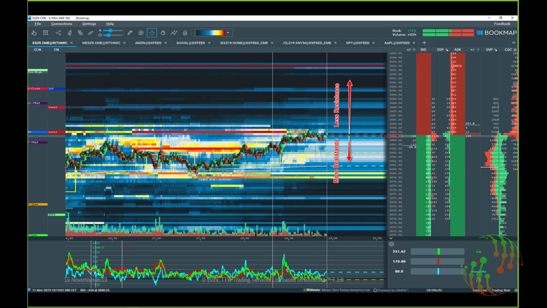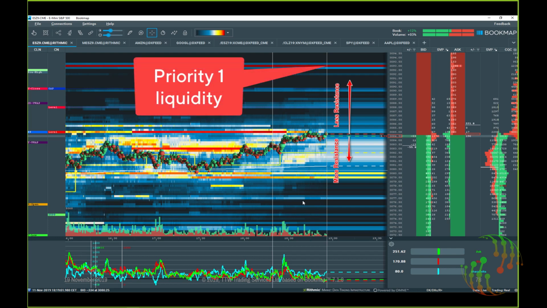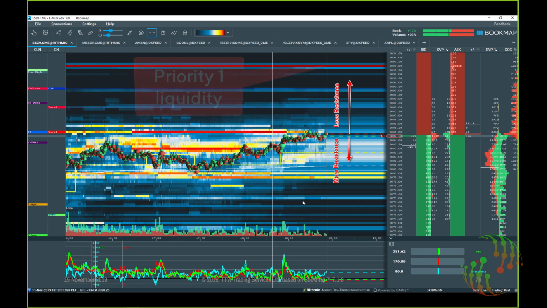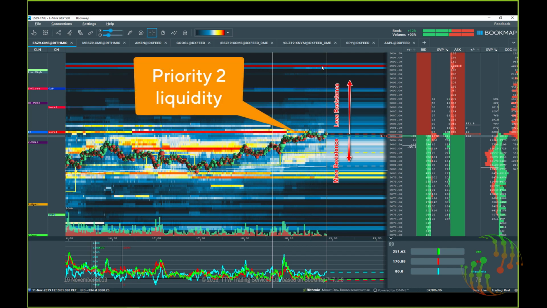Good point. I think it's a good point to think in hierarchies. So that means we have more volume at those dark red areas than in those yellow areas. And if we are going to prioritize, then I would like to say first priority are these dark red levels in this case.